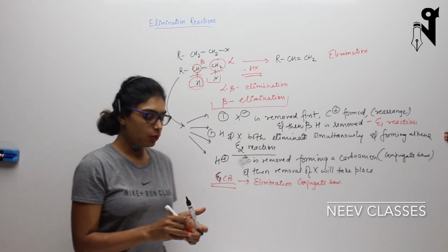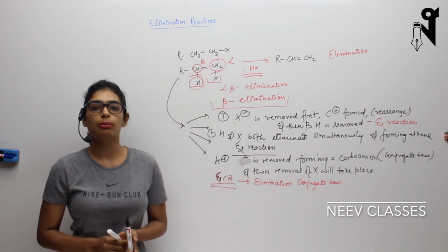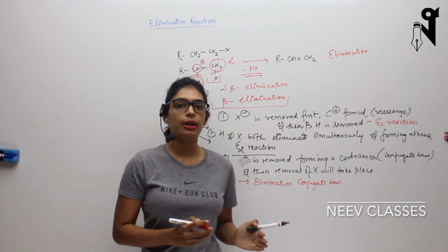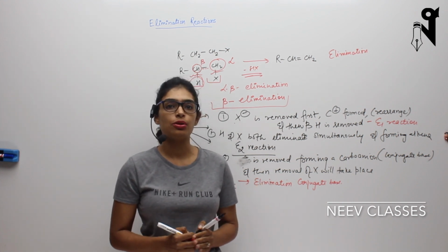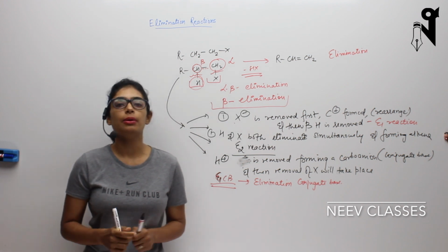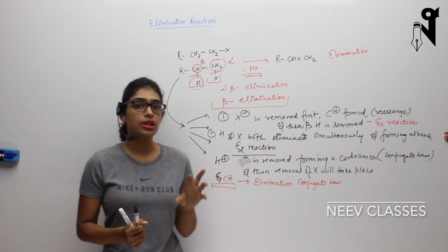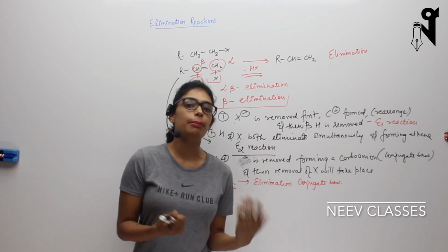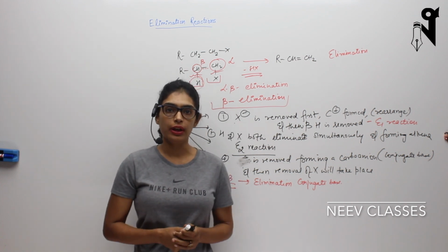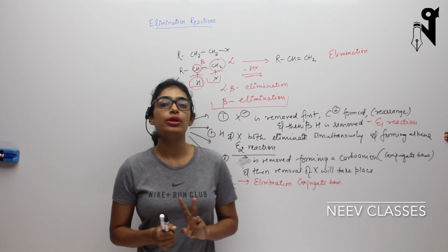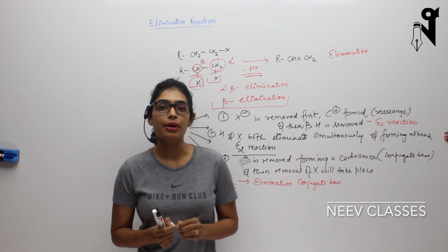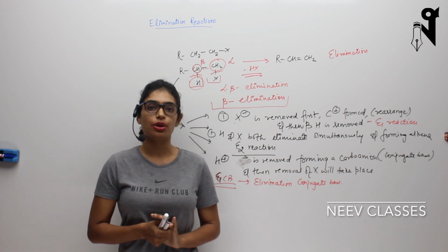Now there are two other things we have to remember about elimination reactions. First, elimination will always happen in the presence of a base. It will never happen in the presence of a nucleophile. So your attacking species should be a base rather than a nucleophile, or a better base rather than a good nucleophile. And second, an elimination reaction requires heat, a minimum temperature of 60 to 70 degrees for the reaction to take place.